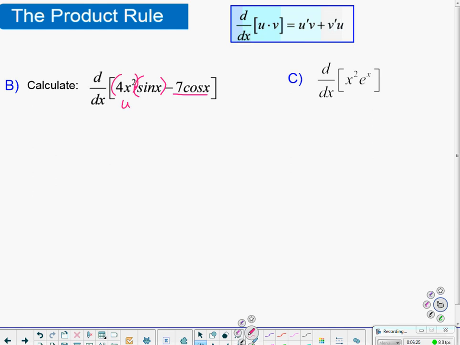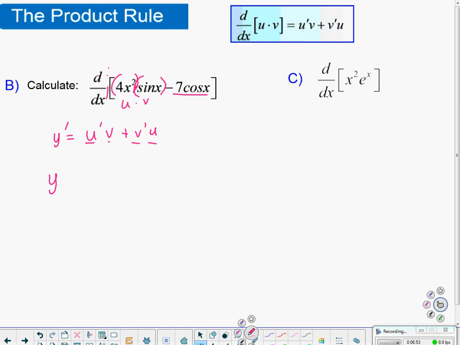I could do the UV one here if you want. So we've got two functions. I'll identify the first with U and the second with V. The derivative, which is what d over dx indicates, take a derivative. The derivative, I'm going to say y prime on this one, is going to be u prime v plus v prime u, derivative of the first times the second, plus derivative of the second times the first.